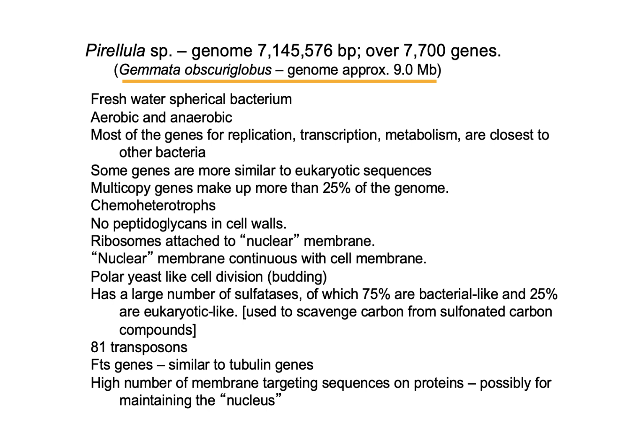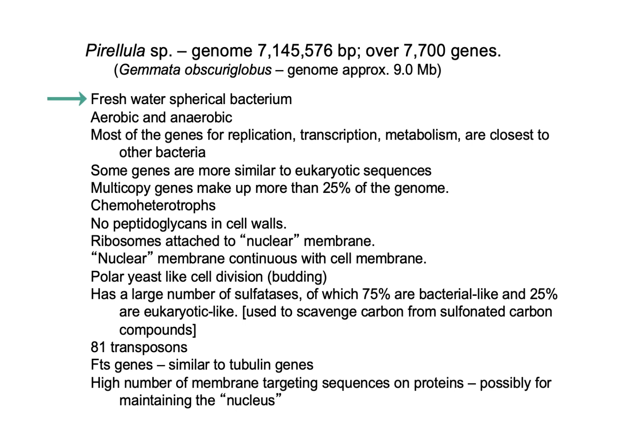Now, these are approaching genome sizes that are close to those found in fungi. So these are pretty good sized genomes with a lot of genes, 7,700 genes in this case for Pirellula. And a lot of those genes are involved in membrane structure and transport in and out of membranes, which you might expect for an organism that has internal membranes.